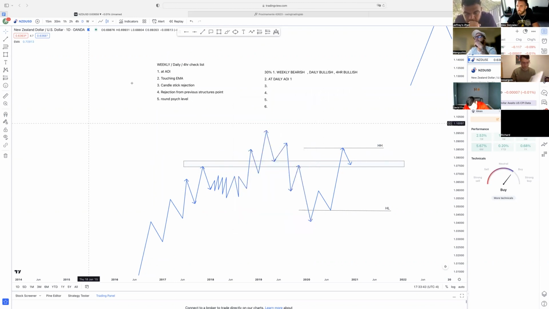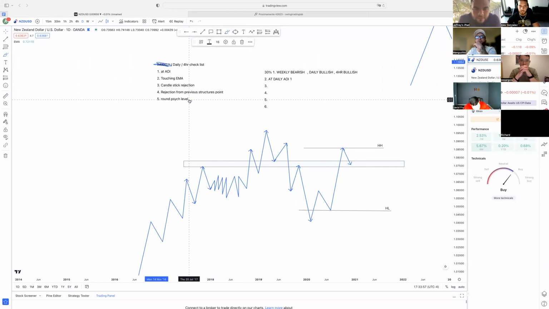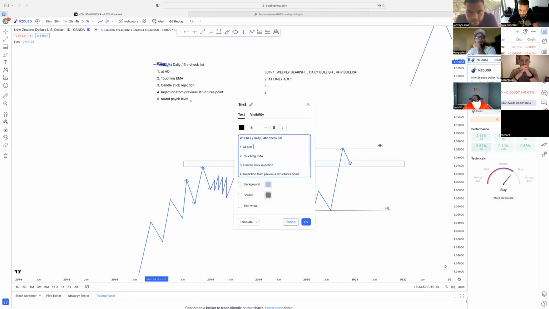So I'm doing it from the higher down. If we have the weekly bearish, we're obviously already removing that out of the equation. It's pretty simple, there's no explanation needed. All of these confluences have a percentage towards your grade. Touching EMA is 5, candlestick rejection is 10, structure point is 10%, and then round psychological is 5%.